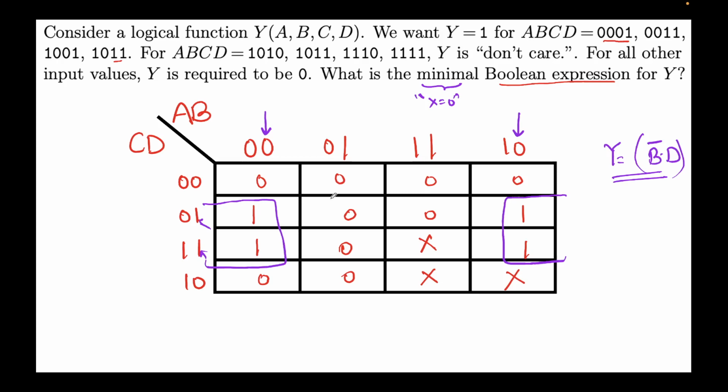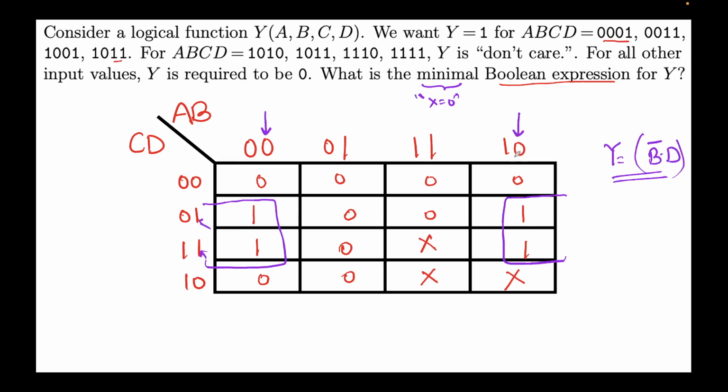Similarly you see in the rows, and then depending on what the truth table or the output is, we populate the ones, zeros and X. Finally we look at all the boxes and make rectangles or squares, and then correspondingly we write the expression for y.